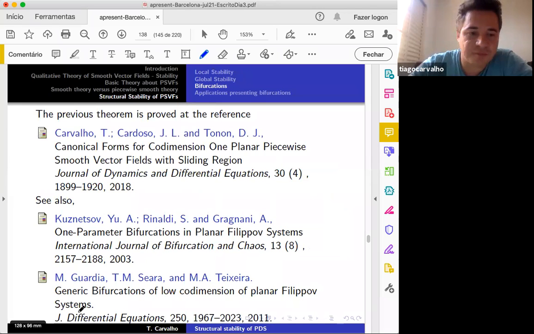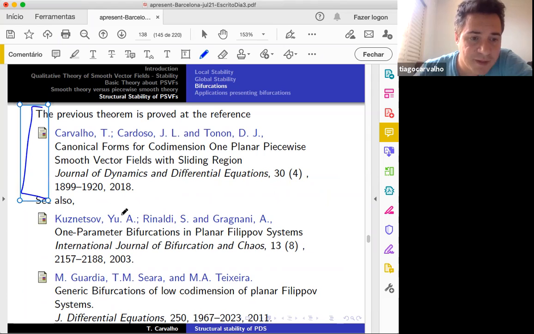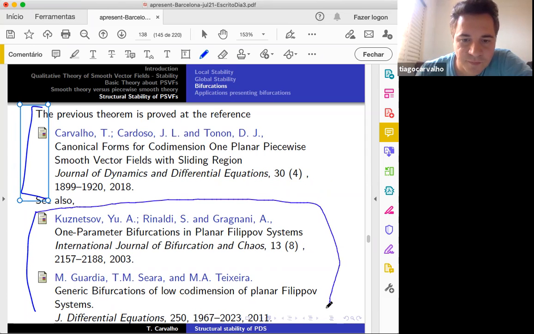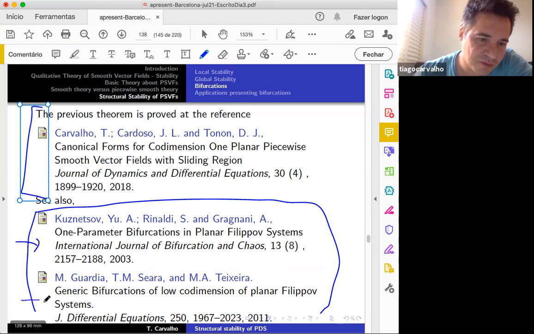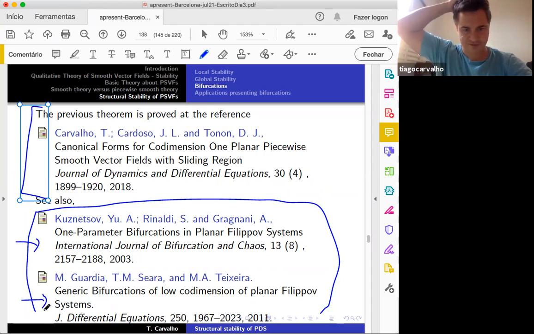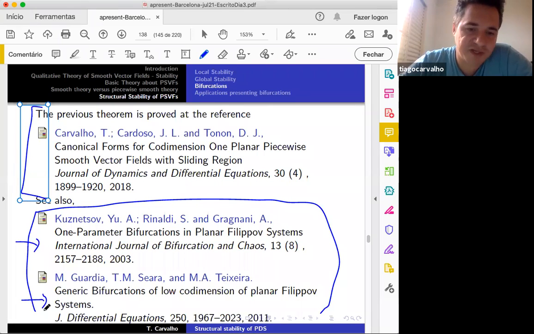This list and the proof of this result are shown in this paper, and also, but not the complete list, in these two papers. In fact, everyone who wants to study bifurcations of piecewise smooth vector fields in any dimension has to read these papers, okay?